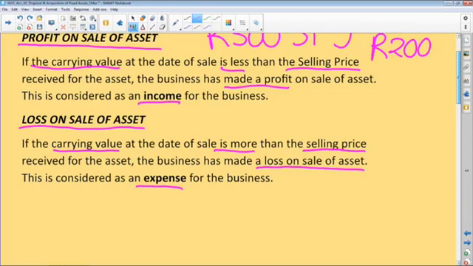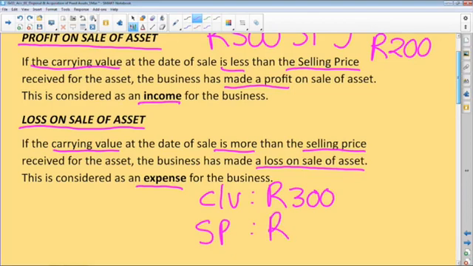Still with our printer, let's assume the carrying value is still 300 Rand, which is what we calculated. When I sold the printer, I'm only receiving 100 Rand. I can't sell the printer for more than 100 Rand. That's my selling price. So the carrying value is greater than the selling price.